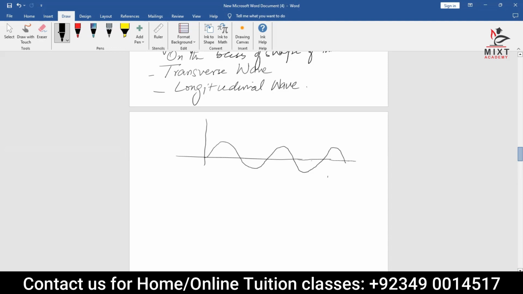This is called transfer waves. X-axis is your time domain and y-axis is your displacement. We will talk about this in a minute. But what is this wave and how to explain that? This is transfer waves. This is the direction of the wave in which wave is moving, right? So how do you explain that? Anyone?